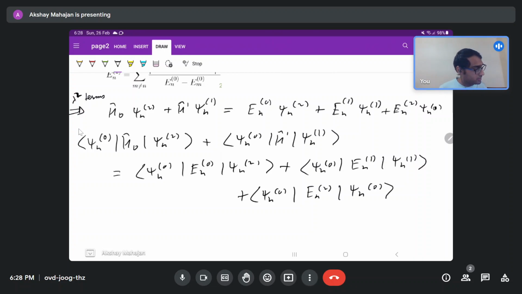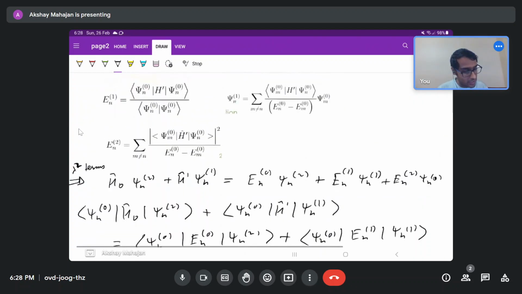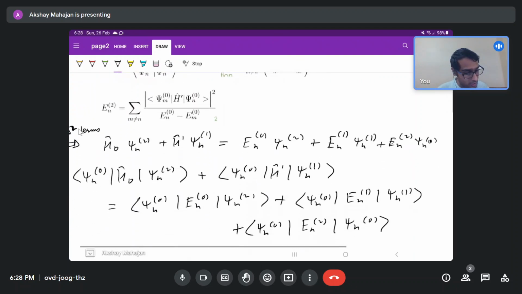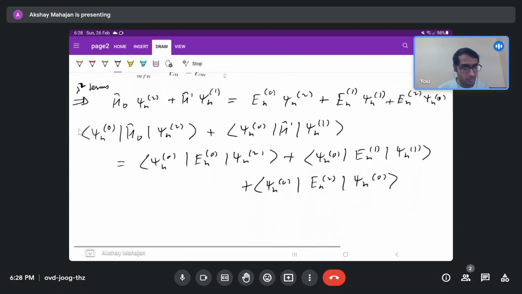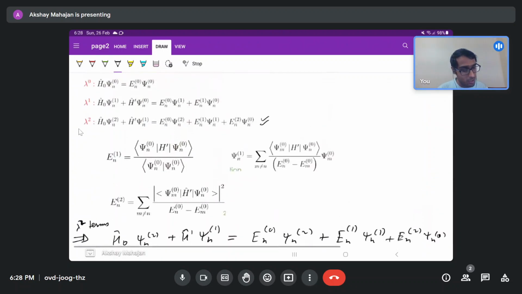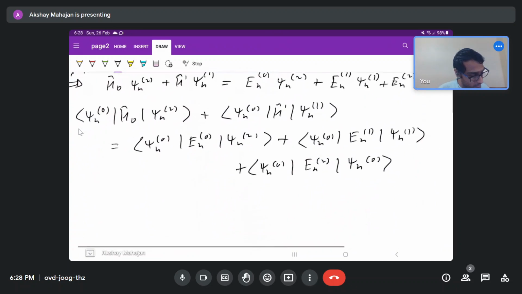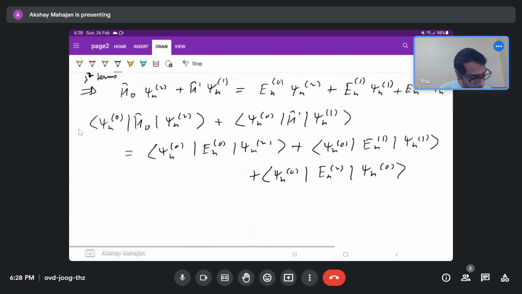If you remember, this is the same thing that was done to find the En of 1. So we put n equals to m, then we get this En of 1 formula, and similarly for the lambda to the power 1 term equation, and now we are doing it for the lambda to the power 2 term equation. So the procedure is just the same.